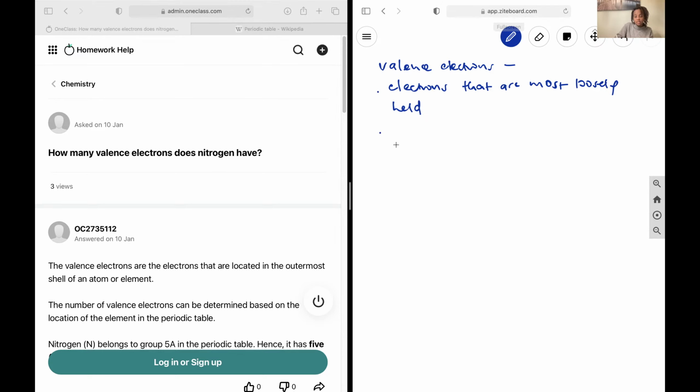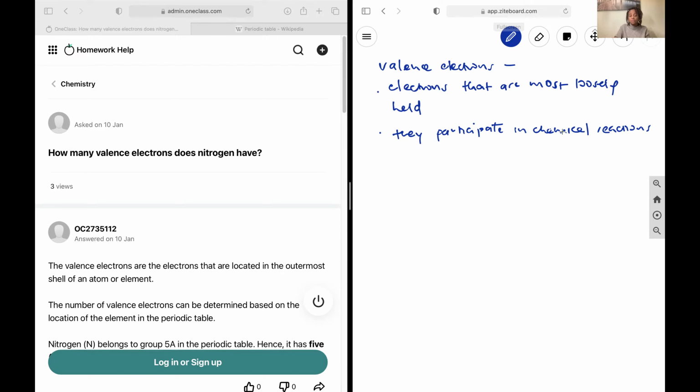The reason why we tend to care about them is because they are the ones participating in chemical reactions. So both in inorganic and organic chemistry, when we're talking about any form of bonds, we're talking about the valence electrons because they're the ones participating.